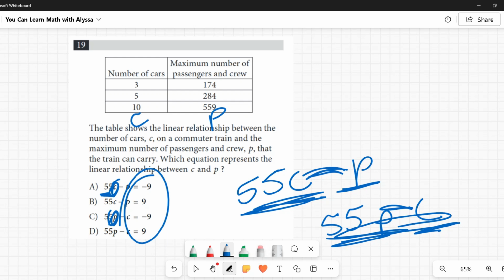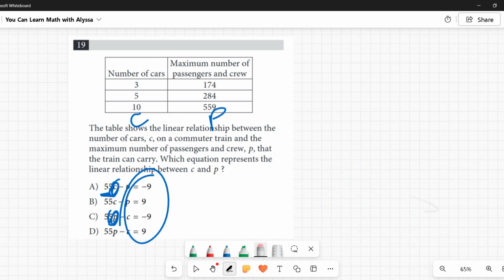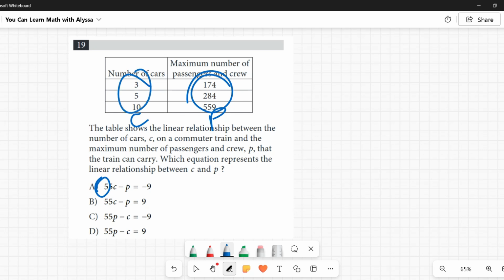Which of those, looking at this chart up here, seems more likely? That I would multiply numbers that are in the hundreds by 55 and then just subtract 3, 5, or 10 and get 9? Not a chance, right? That's so far apart. If I'm multiplying these by 55, I'm going to be getting numbers in the thousands.